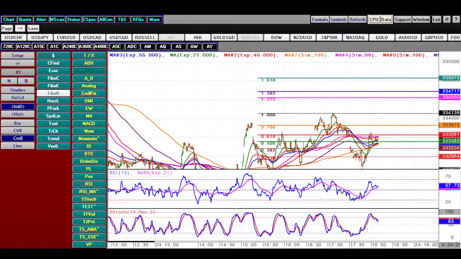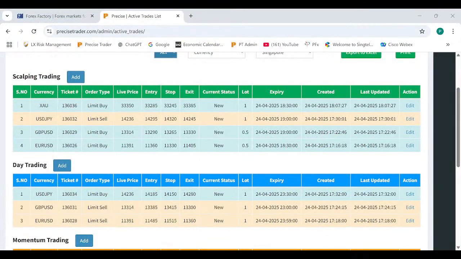Just give me a minute. So buying order, this is most likely missed. Okay, this trade is missed. Sorry, this trade is missed. This buying trade for the pound is also missed.